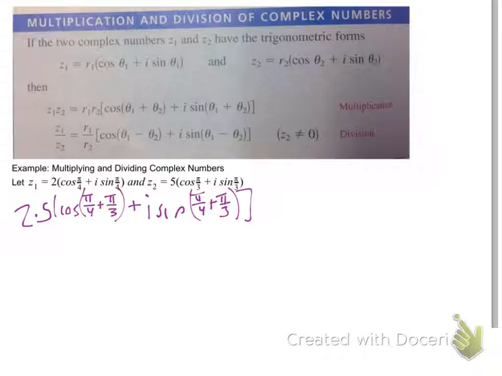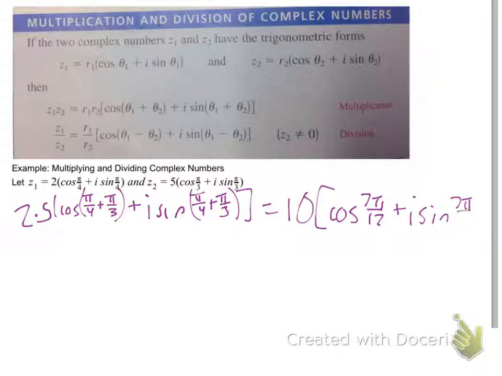And then now we just have to simplify that. If I got a common denominator, what would the common denominator be? I'd have to multiply 1 by 3, 1 by 4, add them together, you get 7. So I think everybody should agree that would be 10 cosine 7 pi over 12 plus i sine 7 pi over 12.